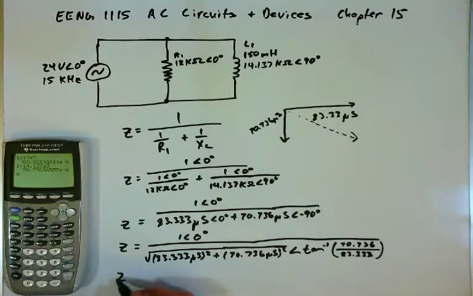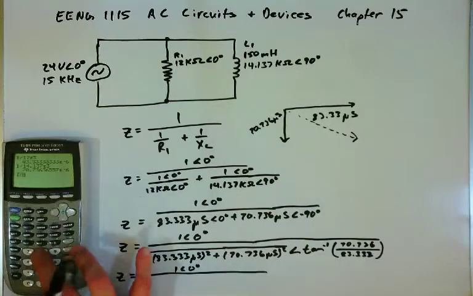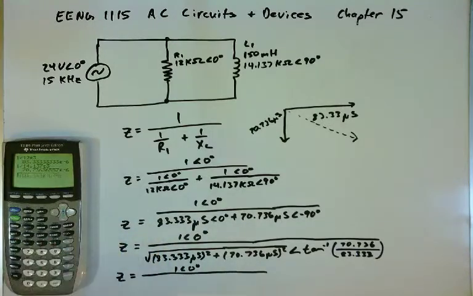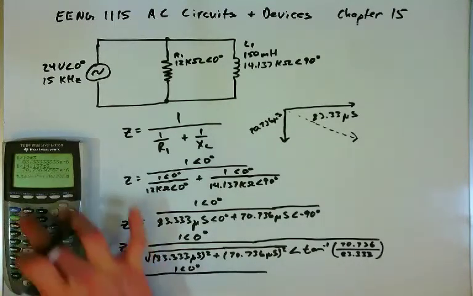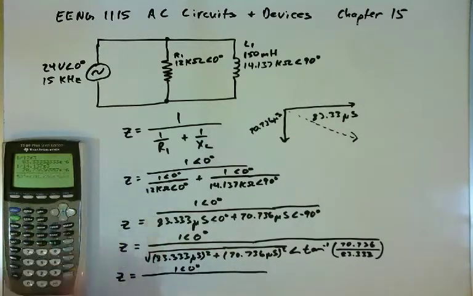And so we get the total impedance is equal to 1 at 0 degrees divided by the square root of open parentheses 83.333 micro, close parentheses, squared, plus, open parentheses, 70.736 micro, close parentheses, squared.